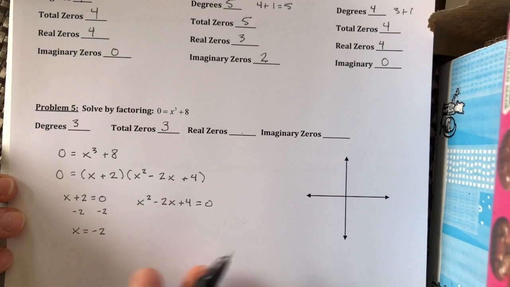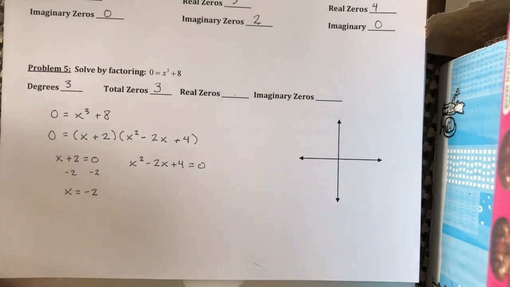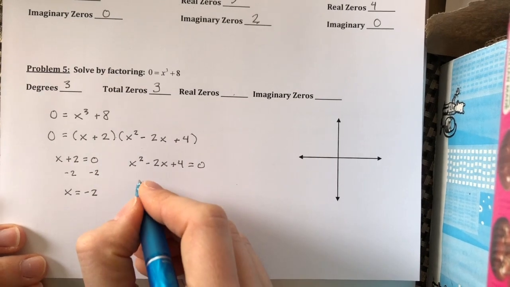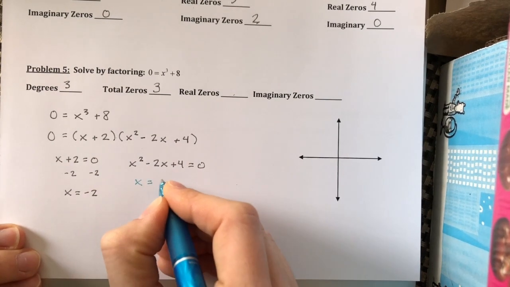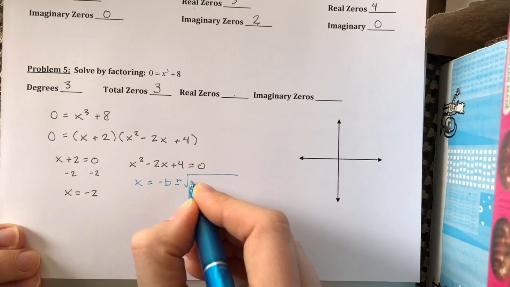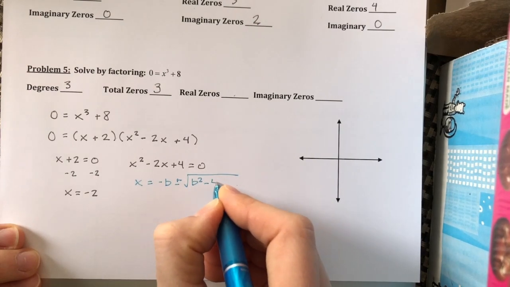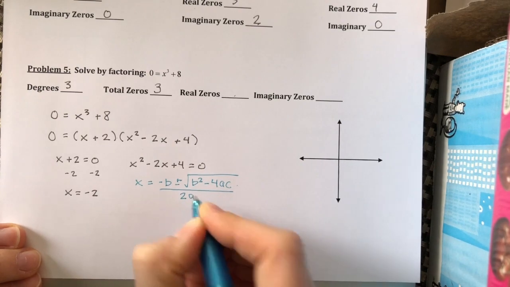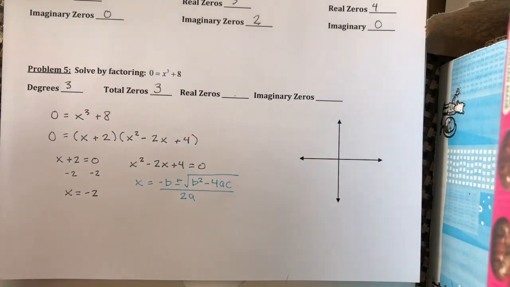Now let's see if we get any real ones from here. Remember, we're going to use the quadratic formula because this is not factorable. The quadratic formula is x equals negative b plus or minus the square root of b squared minus 4ac all over 2a. You can sing it to yourself in your head.